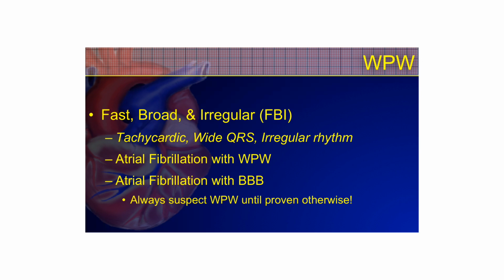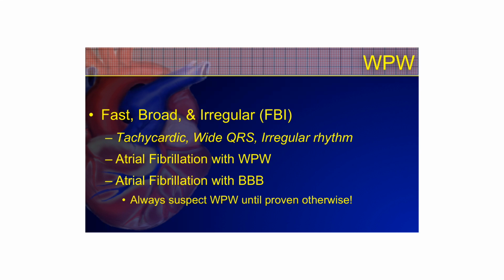However, when you have an accessory pathway, there is no gatekeeper. The AV node is there, but there's no gatekeeper at the accessory pathway, and that will become the path of least resistance. This patient is at extreme risk of a very fast tachycardia.